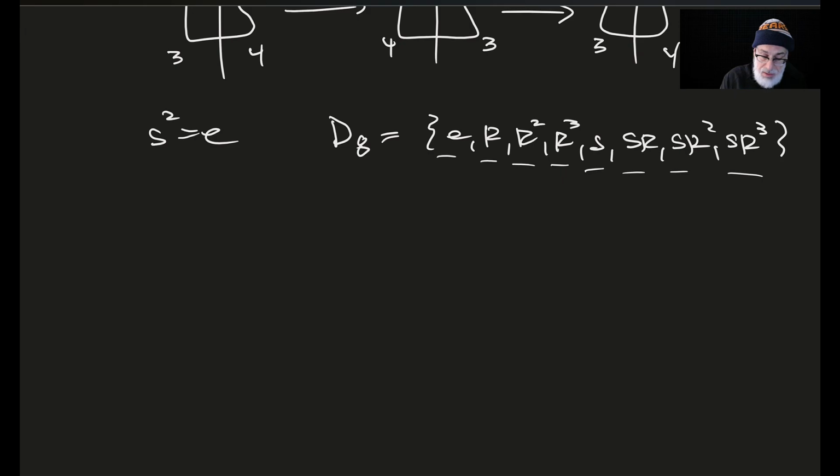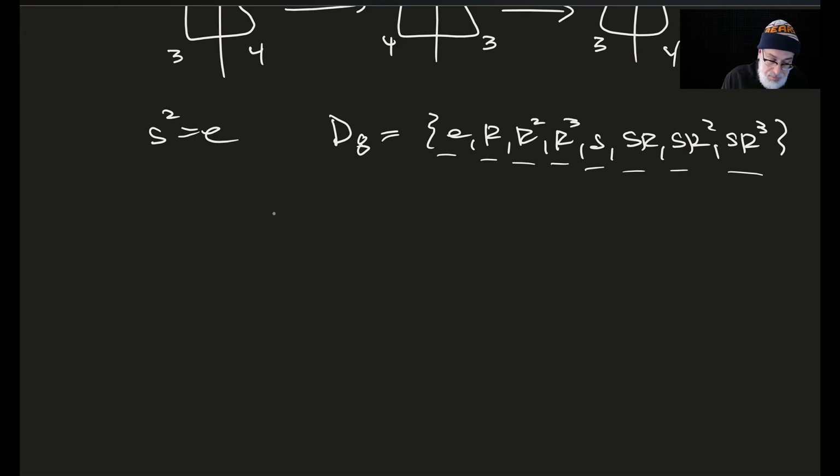So every element here can be represented, if we think about it this way, as S to the I, R to the J, where I is between 0 and 1. That's the only options we have here. And then J will be between 0 and 3.